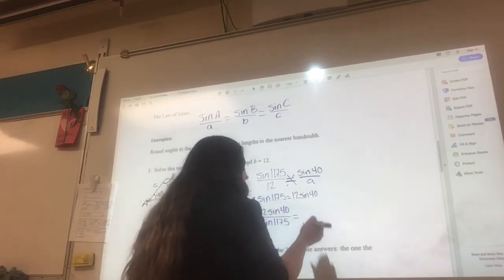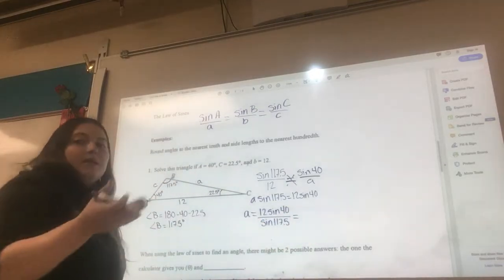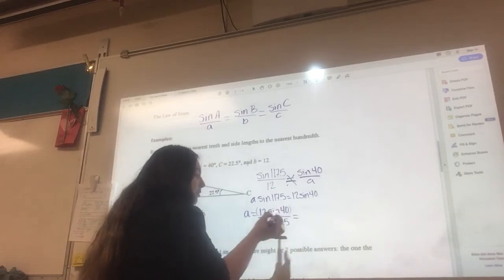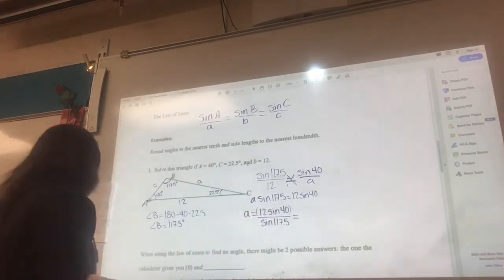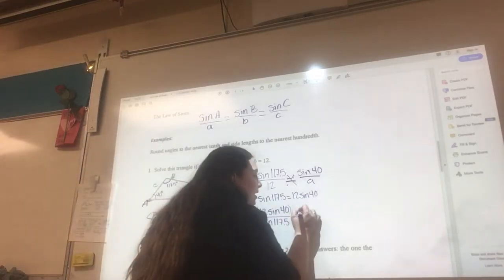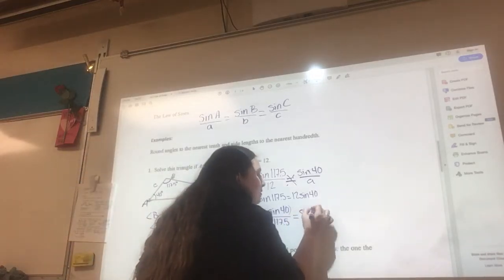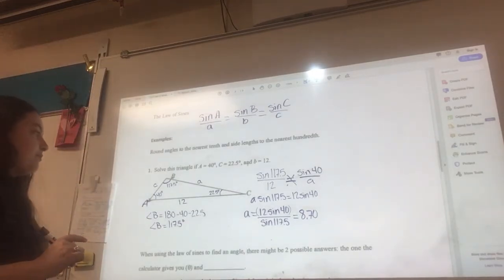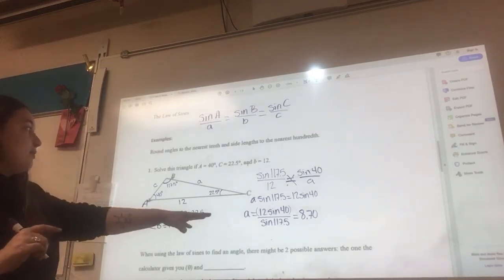I'm going to plug that into my calculator. Make sure when you're plugging this into your calculator, you put the numerator in parentheses to make sure that happens before the division. When you plug it in, you should see that a is 8.70 because we are rounding to the nearest hundredth on these. Sweet, that's a.